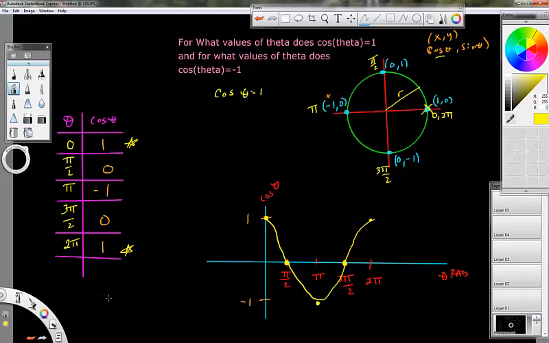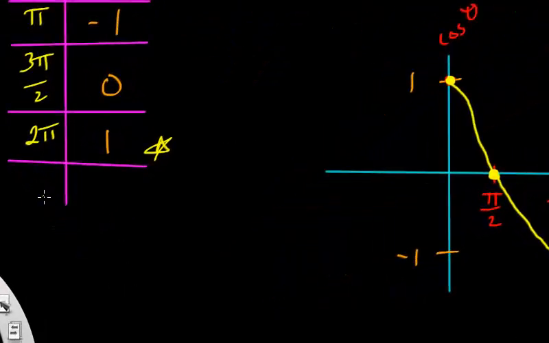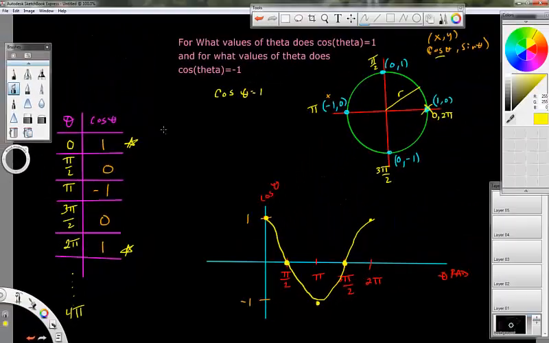So if we had to pick yet another point and we kept going down this chart, we would have 4 pi and then basically 2 pi plus that. Okay, so it's every interval of 2 pi. So for cosine of theta that equals 1, that would be 0, 2 pi, 4 pi, and then dot, dot, dot.